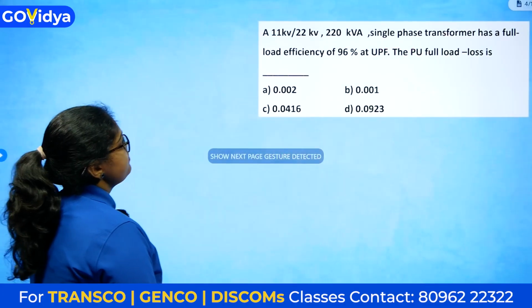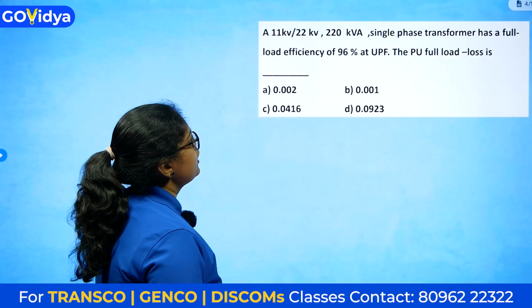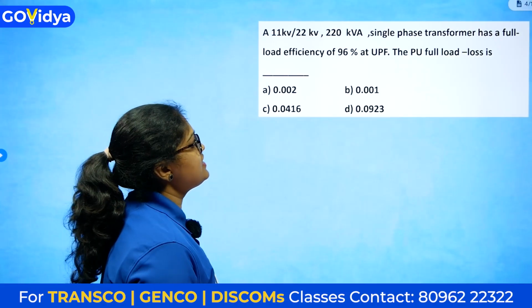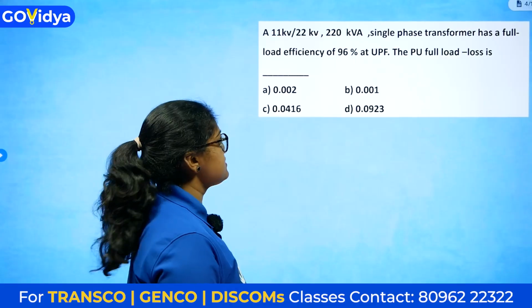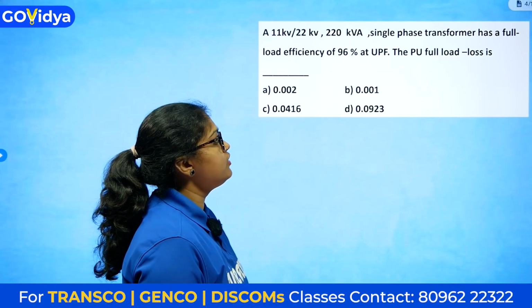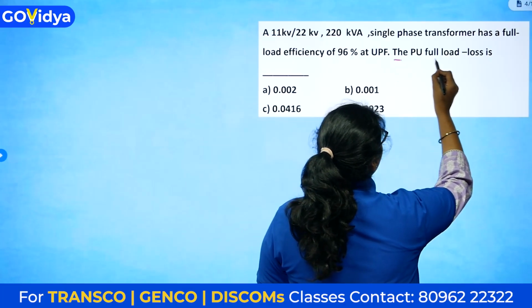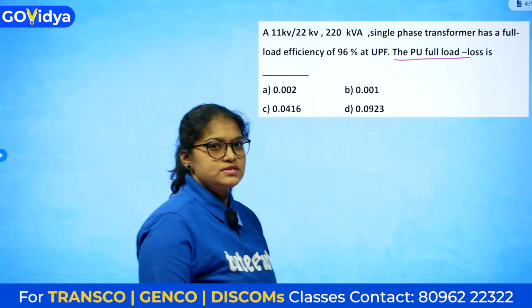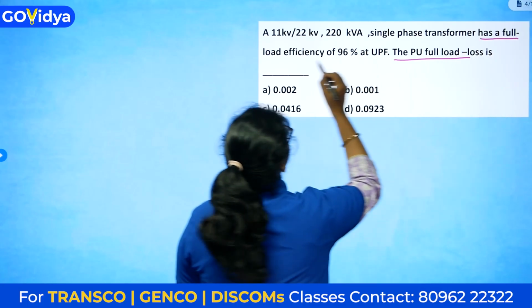If you see the question: 11 kV by 22 kV, 220 kVA, single phase transformer has a full load efficiency of 96%. The per unit full load loss is asked. One more piece of information is that it has a full load efficiency.